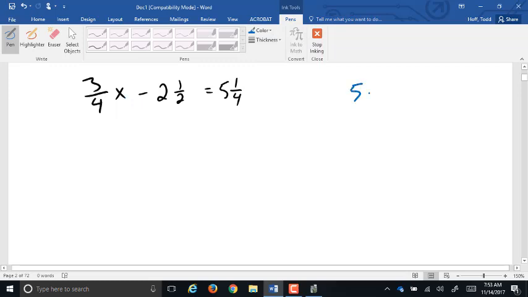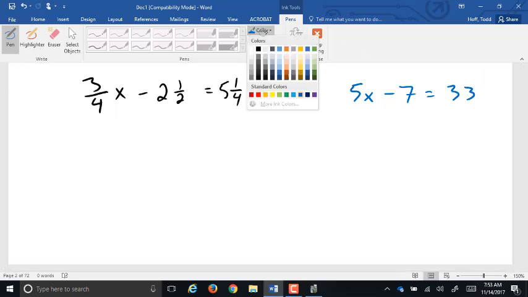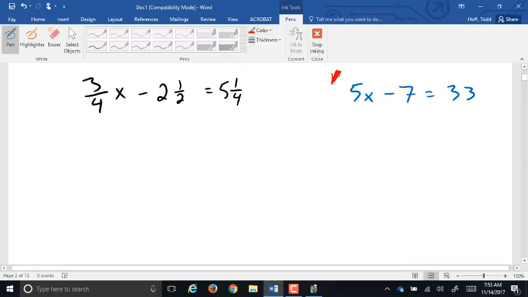This actually takes the exact same form as 5x minus 7 equals 32. Actually, 33 would work better. Over here, what do I have to do to solve this one? Sure, we add 7, and then we divide by the 5.